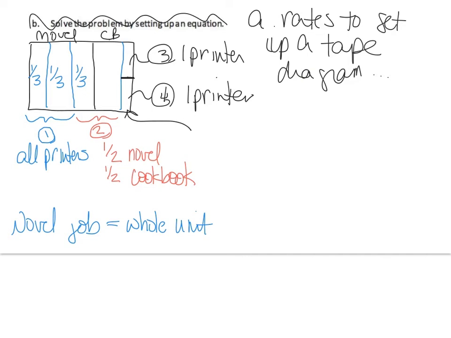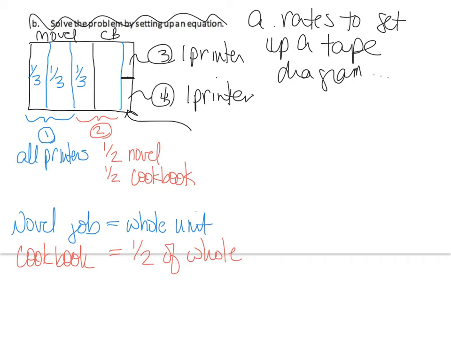So the novel job is the whole unit, and each third unit has the fractional third of the whole. So the cookbook job is then really half of the whole.